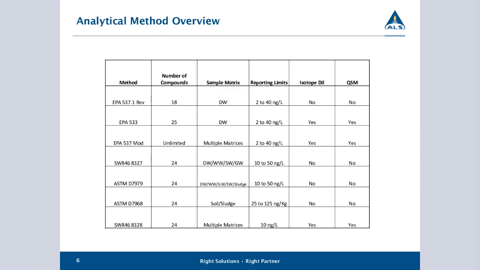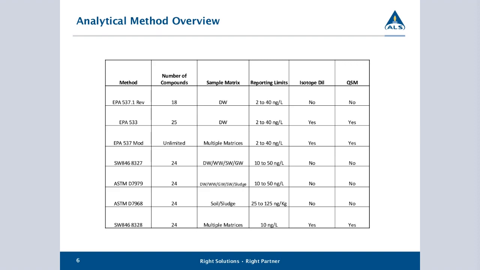EPA 537 modified was the method where laboratories took 537.1 and modified it to look at multiple matrices. 537.1 was the first method that came out, and it was for drinking water only. Well, what do you do with other matrices, such as surface waters, groundwaters, soils, tissues, and so on? So laboratories started modifying 537.